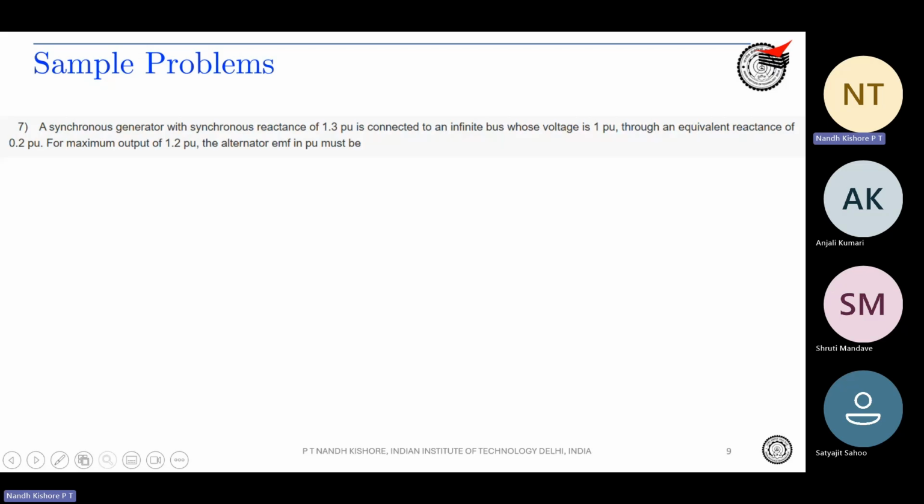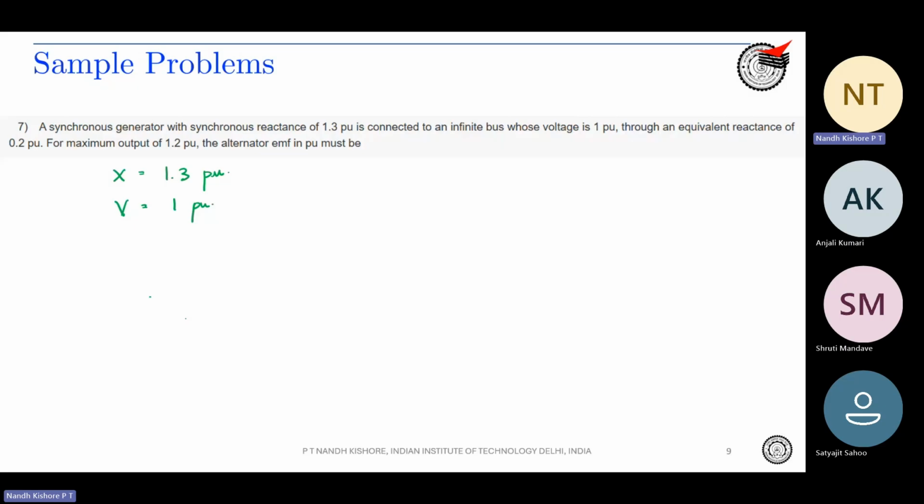Okay, so let's break this down. First of all, they have given that synchronous reactance of 1.3 per unit. So X is 1.3 per unit. It is connected to an infinite bus whose voltage is 1 per unit. So V is basically 1 per unit. And they have also given that through an equivalent reactance of 0.2 per unit.